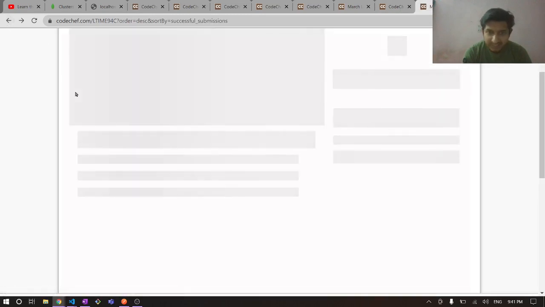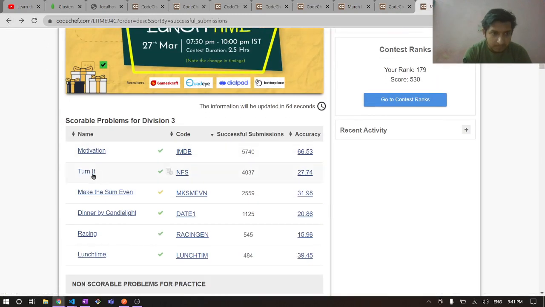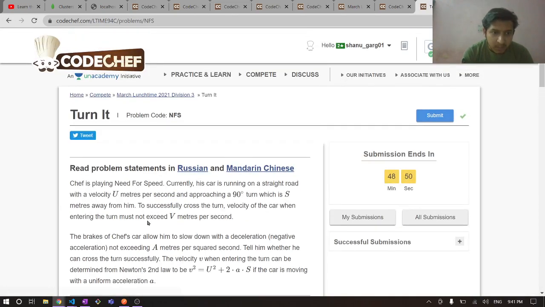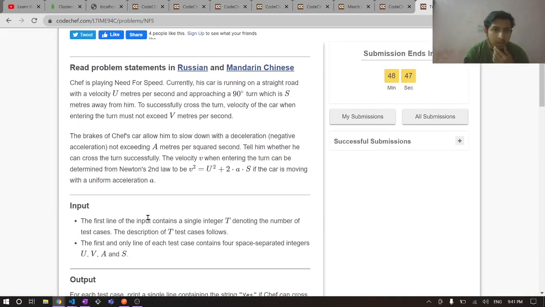What the second question says is that Chef is playing a very famous NFS game, in which his car is having velocity u, initial velocity, and he is about to take a turn of 90 degrees. Now to take the turn, his car has to reduce its velocity. Might be the reduction required is 0, but his car needs a reduction in velocity from u to v.